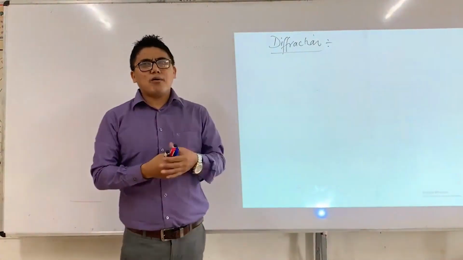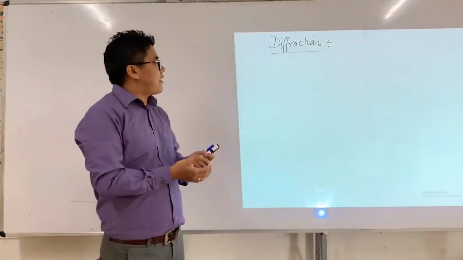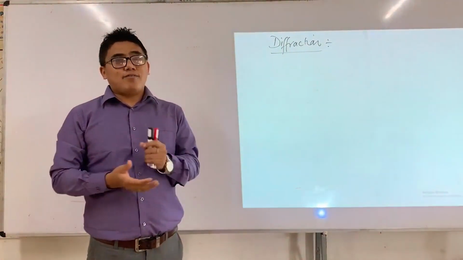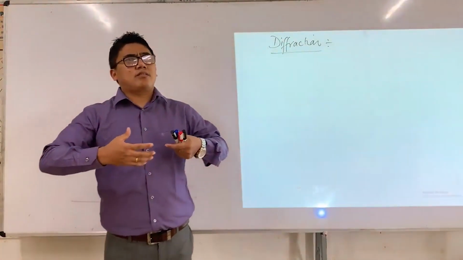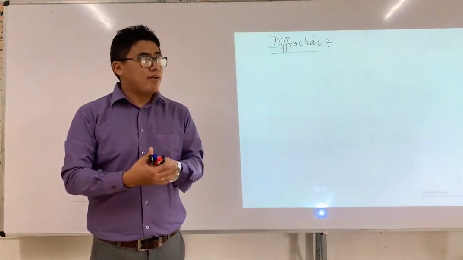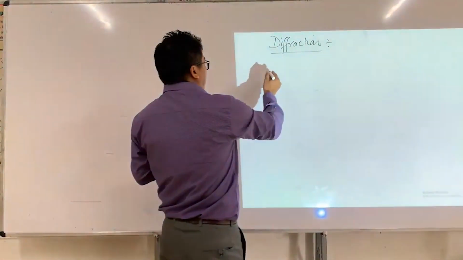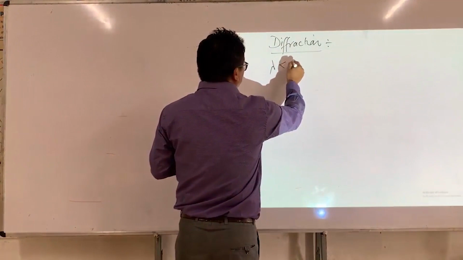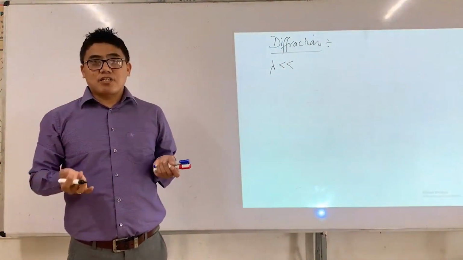However, you may ask why we never find diffraction of light waves. Alright, so it is very difficult to encounter the diffraction of a light wave. The reason is that the wavelength of light is very small compared to the dimension of obstacles.